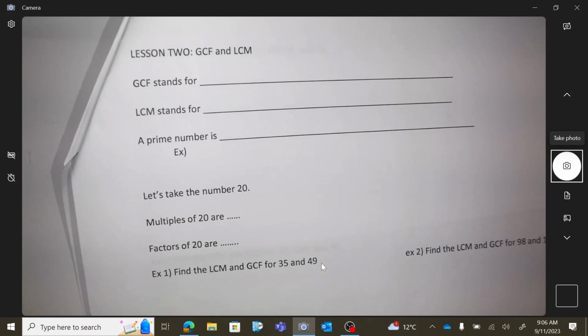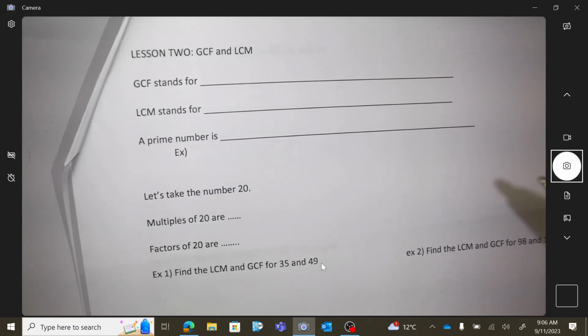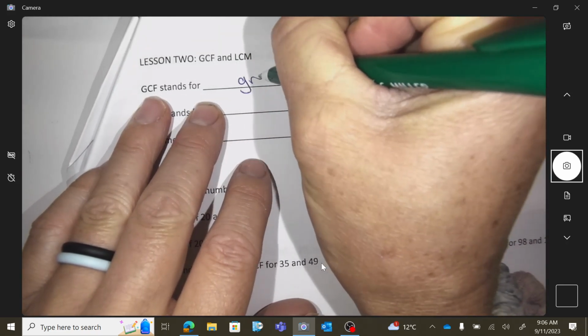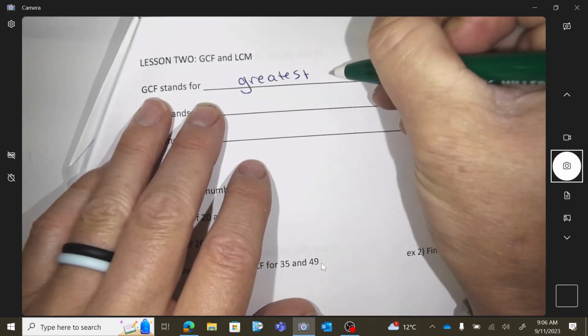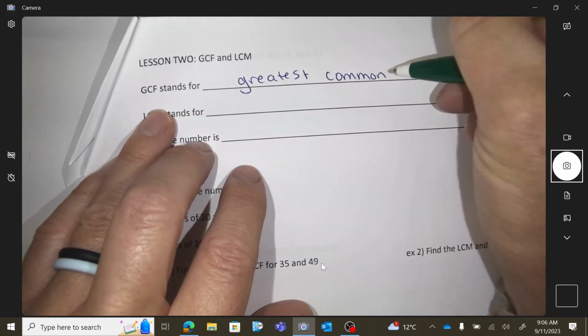So lesson 2 is called GCF and LCM. So what does GCF stand for? Greatest common factor. So we've heard it before.